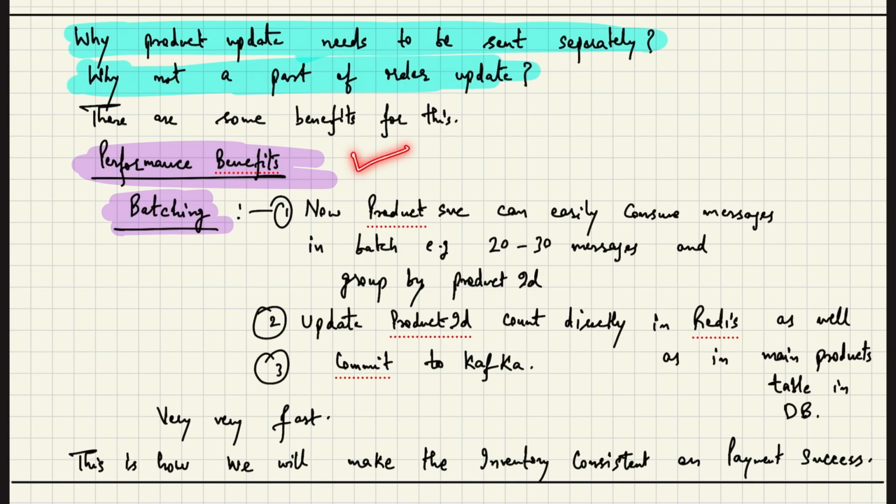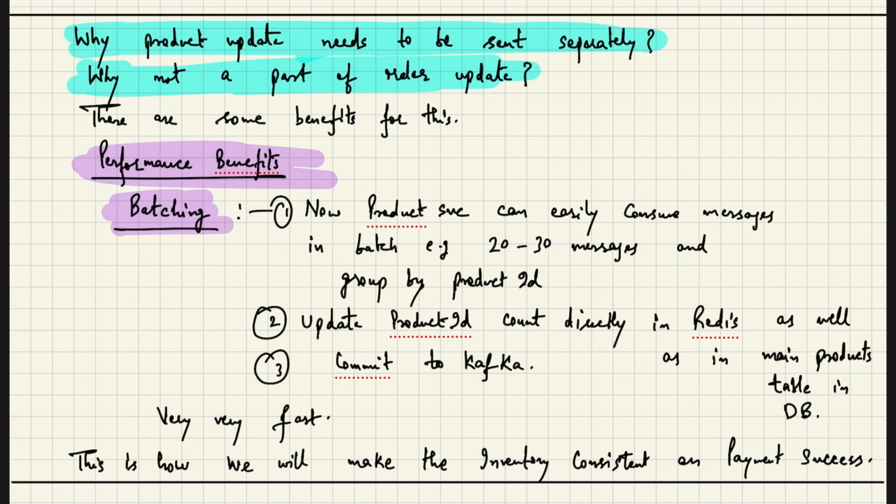First benefit is the performance benefit. Here we can easily apply batching. How? The product service can easily consume messages in batches. We have already sent the partition key by product id.